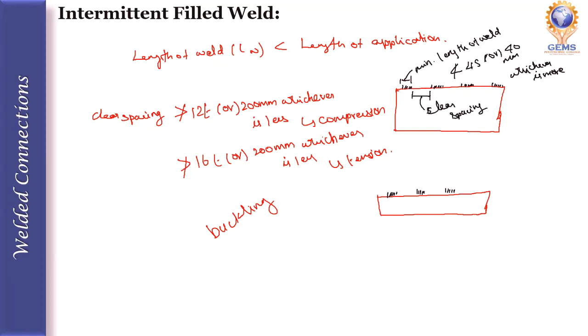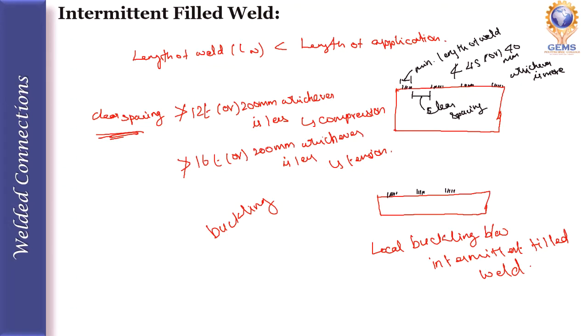Then why do we give the clear spacing to the intermittent fillet weld? To eliminate the local buckling between the intermittent fillet welds. Intermittent fillet weld is provided to avoid the buckling of a member. The clear spacing is to avoid the local buckling between the intermittent fillet welds.